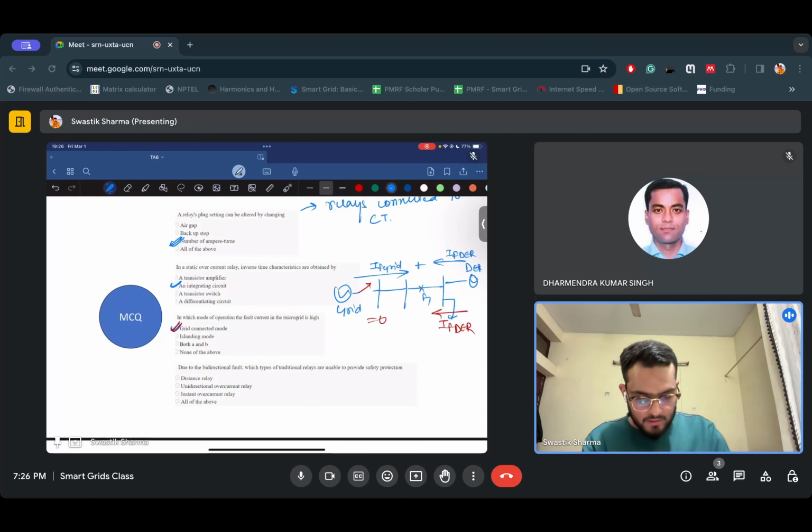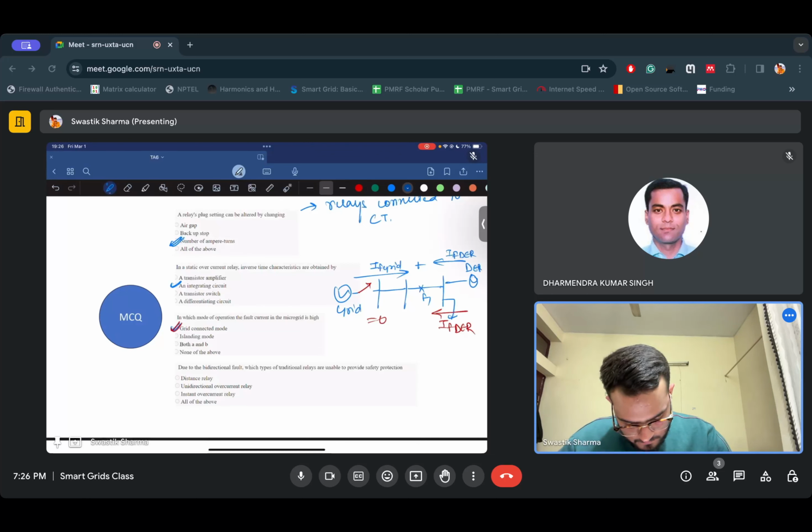Is this clear, or do you have questions? Clear, right? Okay. I'll assume it's clear because the contribution would come from two things in grid connected mode and only from the DR side in islanding mode.